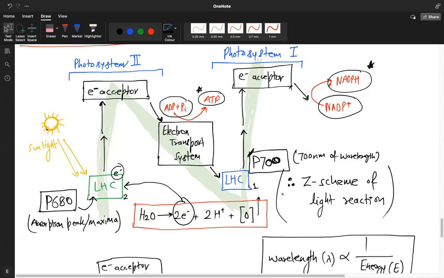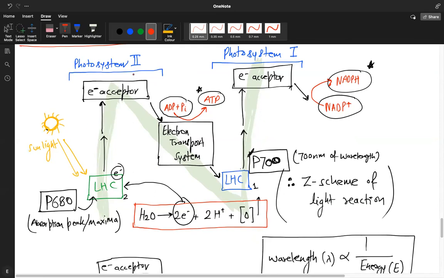Yes, sir. So there are two possibilities in a plant system. Either the plant only has photosystem 1, where photosystem 2 is not evolved. Those are the plants which evolved earlier in time. Or a plant will have both the photosystems.